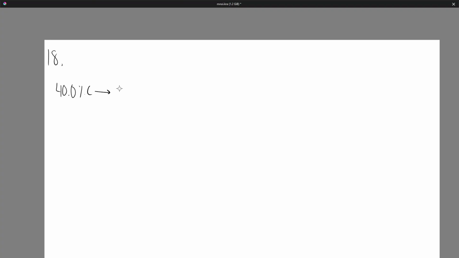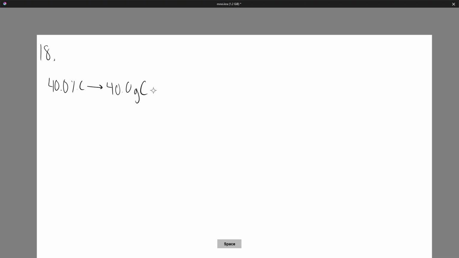So since it's 40.0% out of 100, we convert that into 40.0 grams out of 100. It's kind of like mental gymnastics, I guess, but that's how it's done.